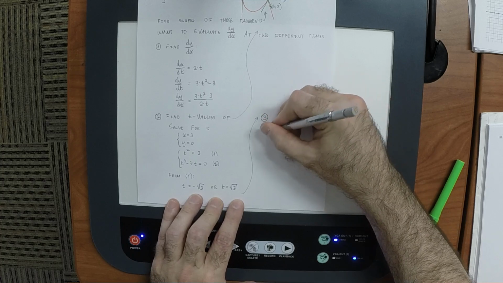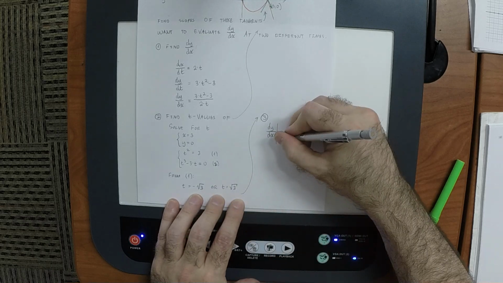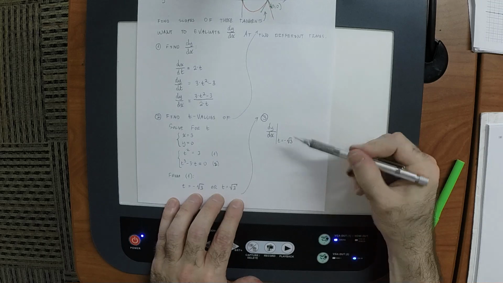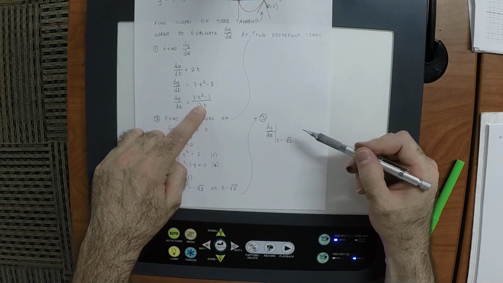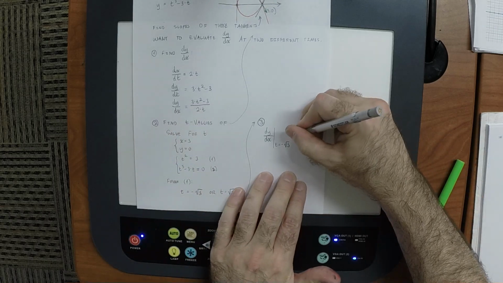So dy/dx evaluated at the first time, t is negative square root of 3. This notation is called the evaluation bar. That means take this and plug in negative square root of 3. So what do you get?